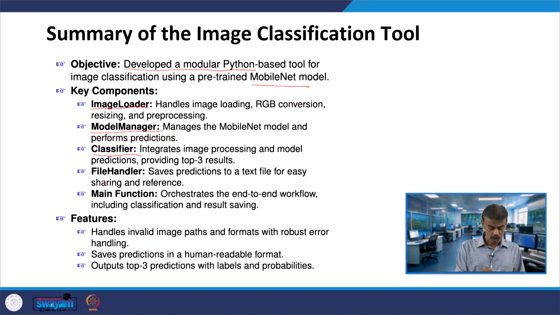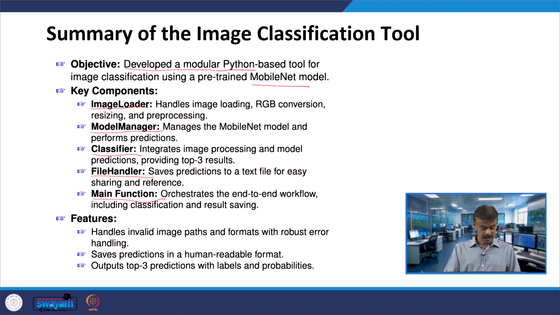We also worried about the file handling system because you have to save the predictions and take the input file as an image, and then finally we run the main function.